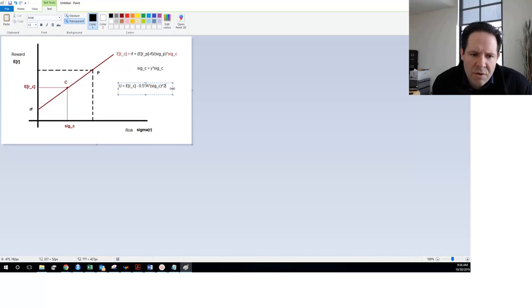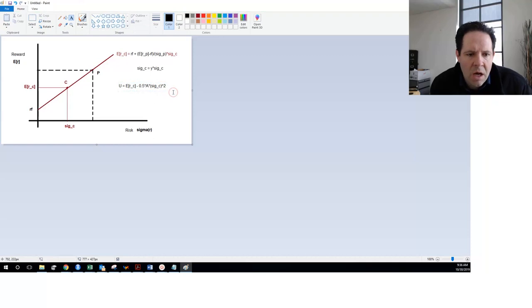If we have an investor who has utility given by this, it is fairly straightforward to show that you can draw indifference curves, and your indifference curves are going to give you a sense of what the trade-offs are. Here I'm going to draw this as a circle.